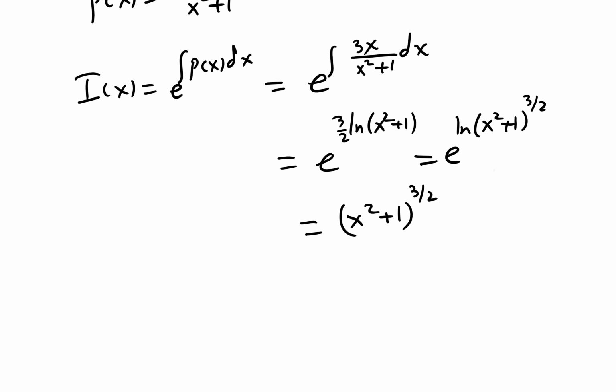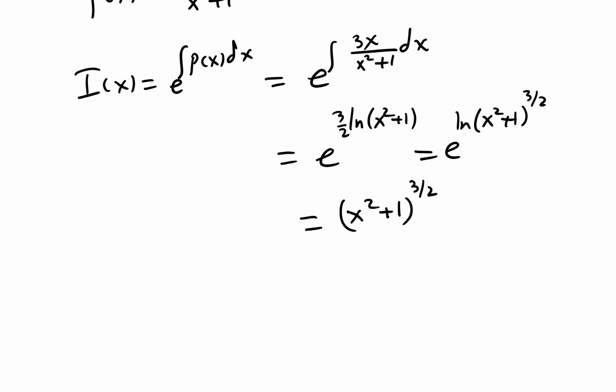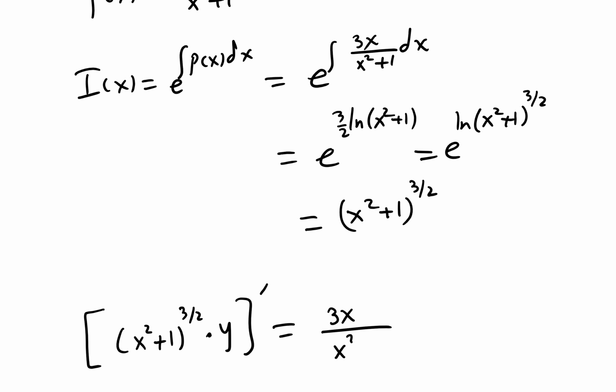We multiply both sides of the equation by the integrating factor, and we always have to get I of x times y, all derivative, equals q of x, which is 3x over x squared plus 1 to the first power, times the integrating factor.